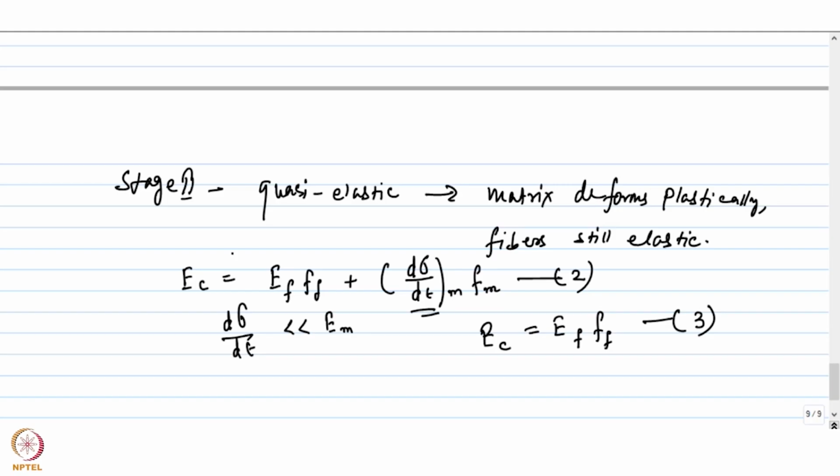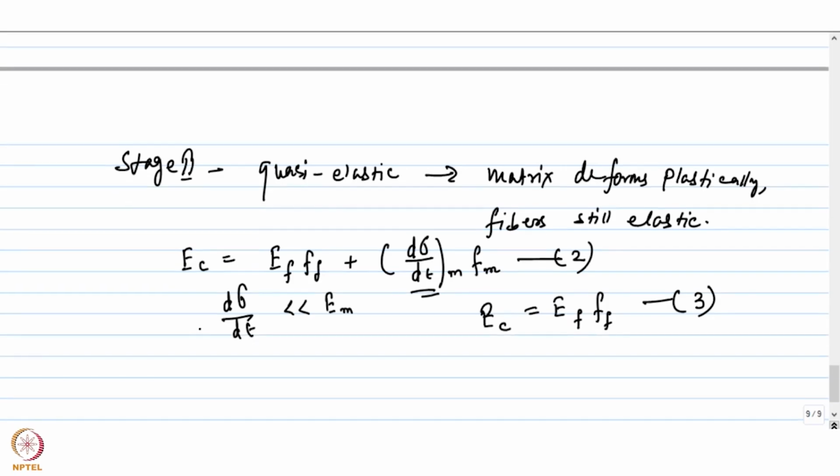Because it is still trying to hold on to that permanent deformation which it has already gone through, but the fibers are trying to pull it back, right? So as a result of that, it will develop some compressive stress on the matrix, right? So the deformation will be quasi-elastic in stage 2. The composite will respond as a quasi-elastic material when loaded.